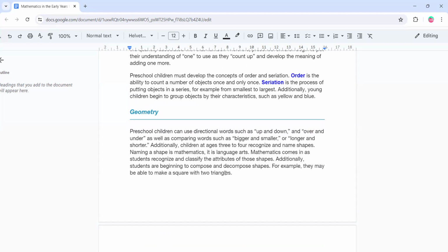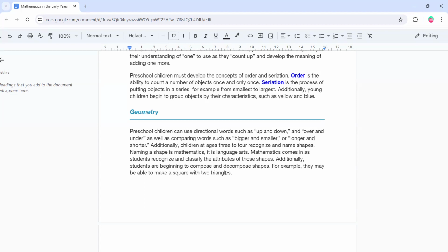Preschool children can use directional words such as up and down and over and under, as well as comparing words such as bigger and smaller, or longer and shorter. Additionally, children at ages 3 to 4 recognize and name shapes. Naming a shape is not mathematics, it is language arts.